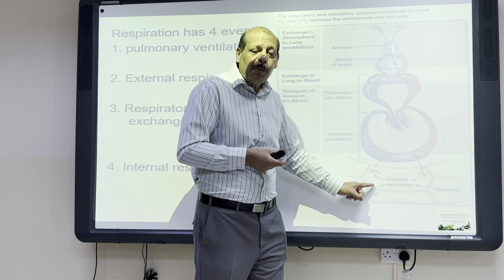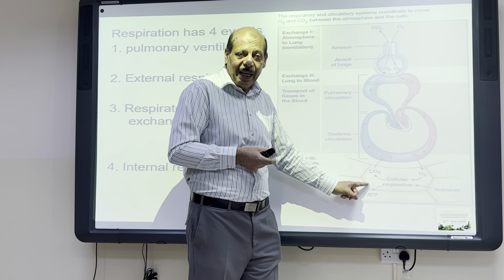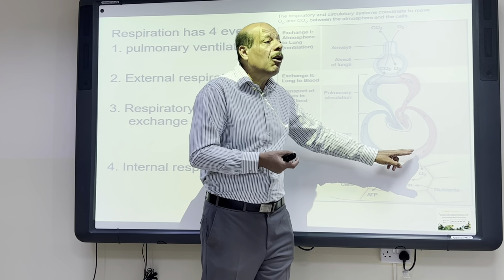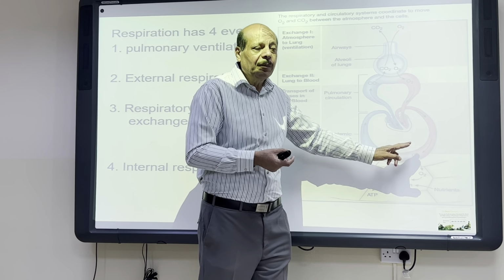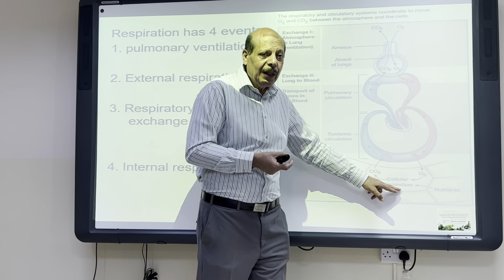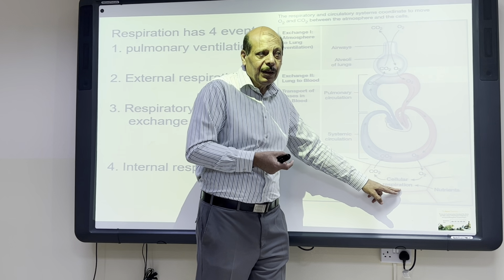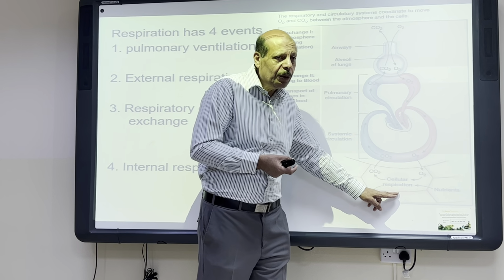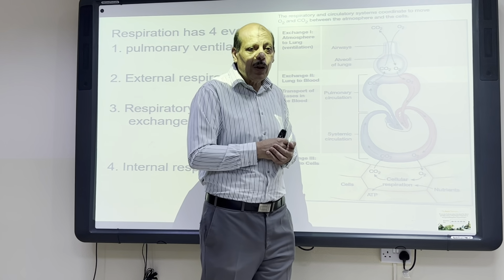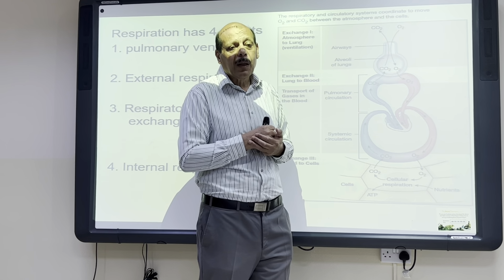So the level of carbon dioxide is more in the cells, and the level of oxygen is less. So the oxygen will leave the capillaries to the tissues. It will diffuse to the tissue in order to meet that tissue's demand for oxygen.